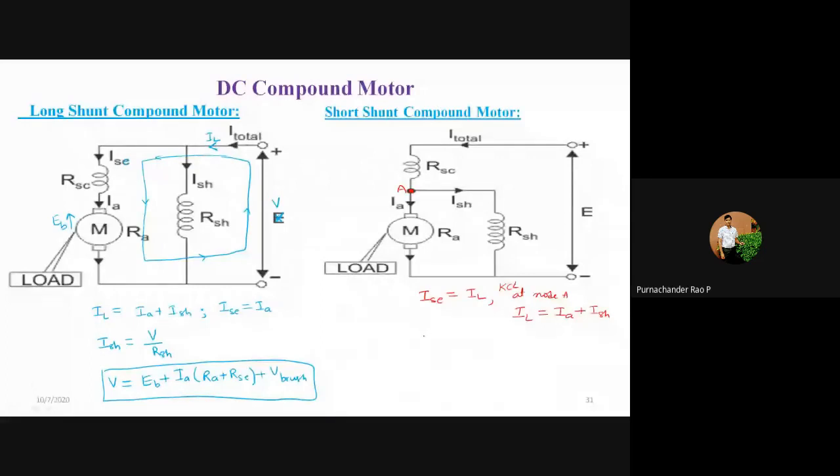Now what is the terminal voltage equation? Again, the terminal voltage V is nothing but the supply voltage.